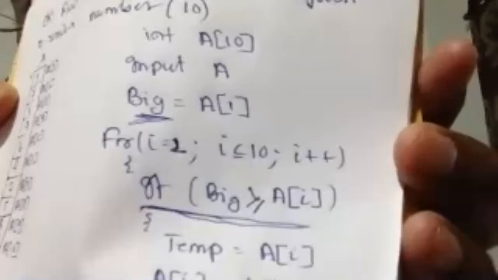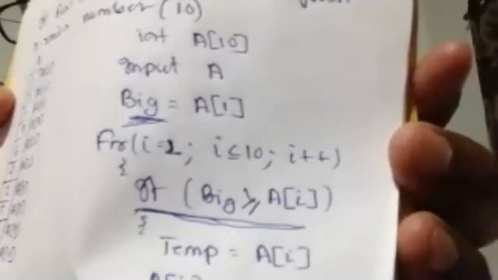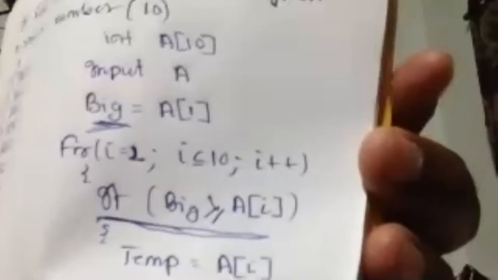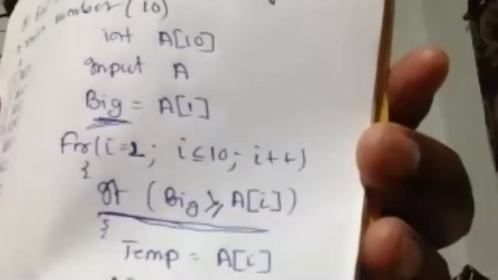Means what happened? If I put big is greater than or equal to AI, in this logic you see, I make it underline. Big equal to what? Greater than or equal to AI. So what is the initial value of I?